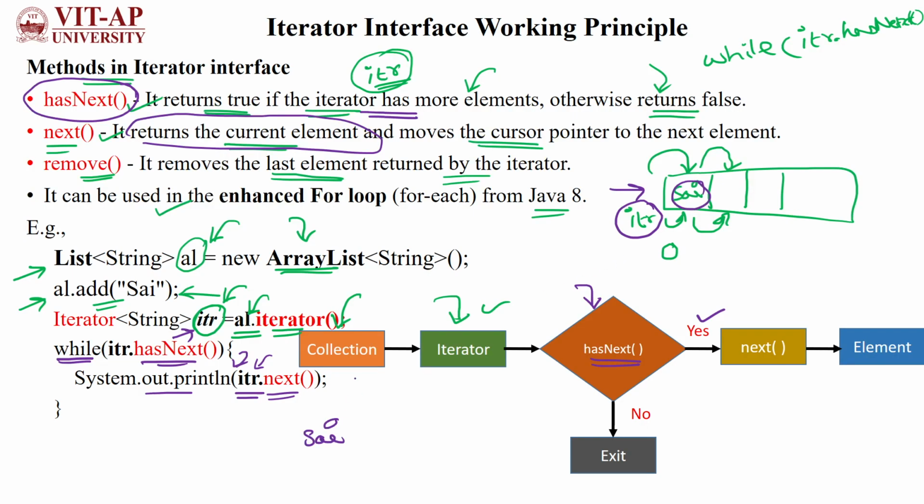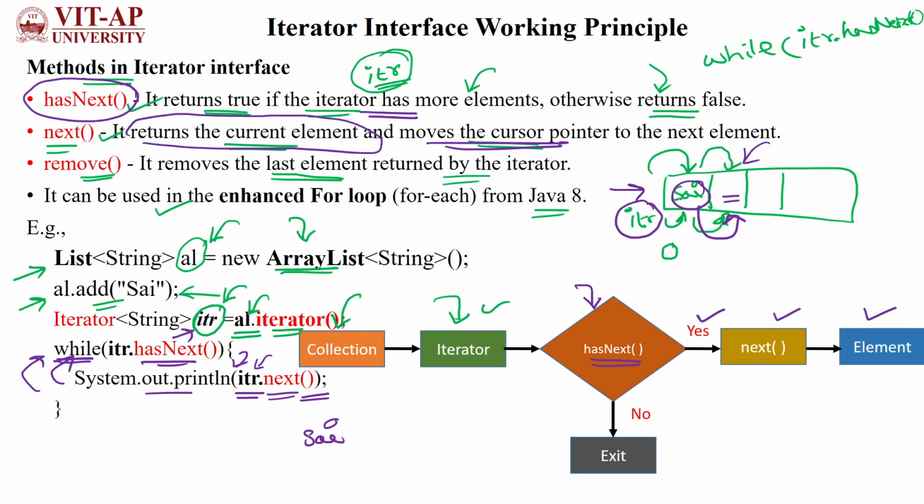After printing that, it moves the cursor to the next element. The element is printed at the same time as it is accessed. Next, you can see there are no elements in the array list, so it checks again, going back to the while condition.